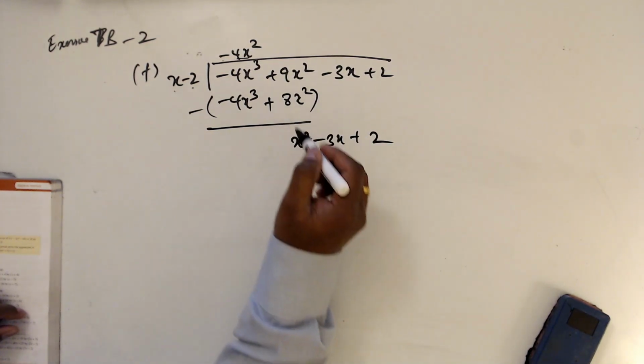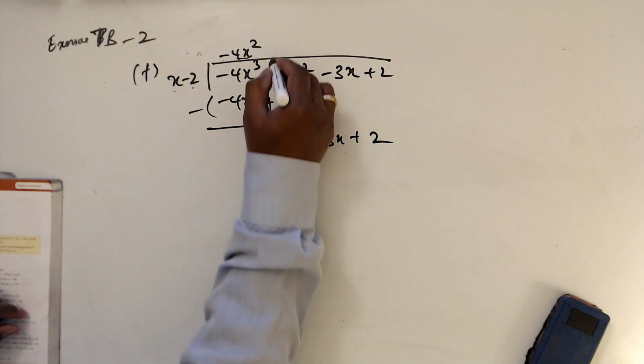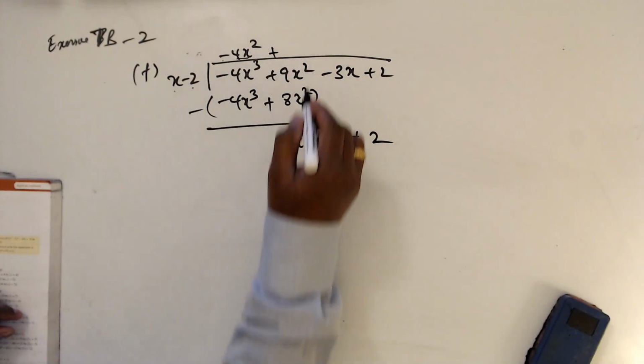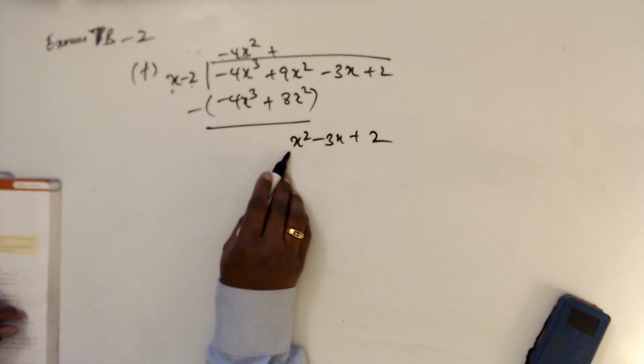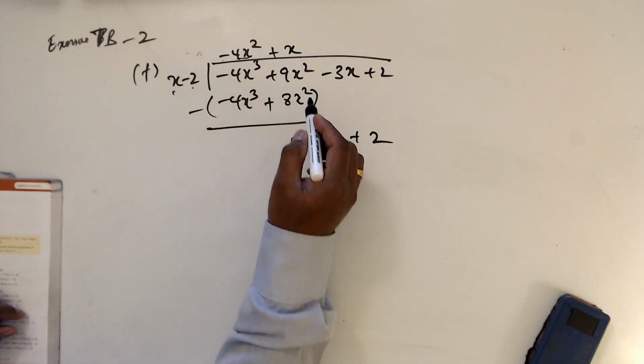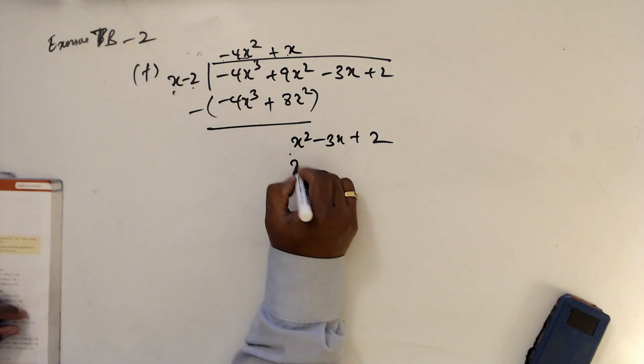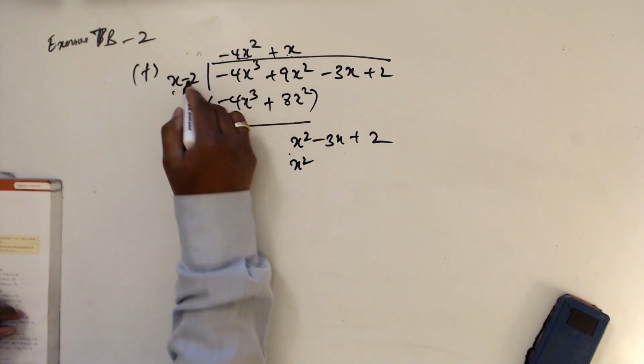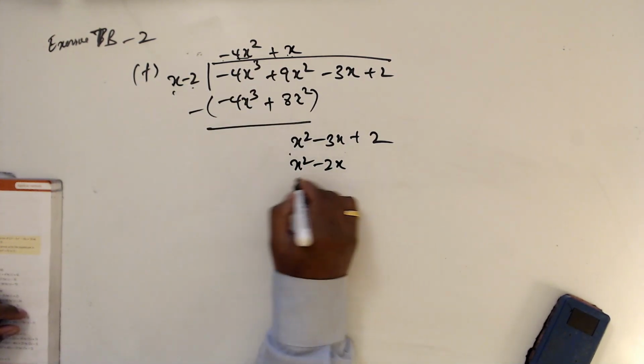Now multiply by again plus x. Sorry, how many x goes to x square? X. So x times x, x square, x times minus 2, minus 2x.